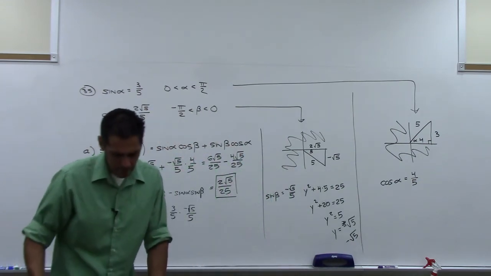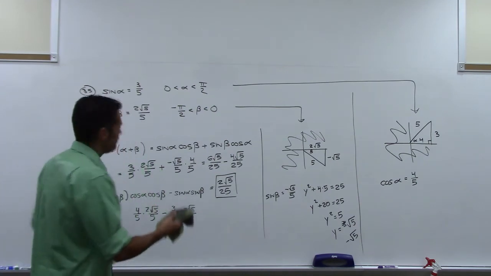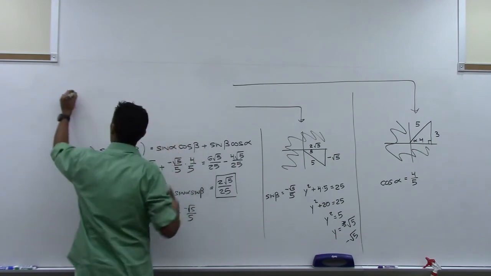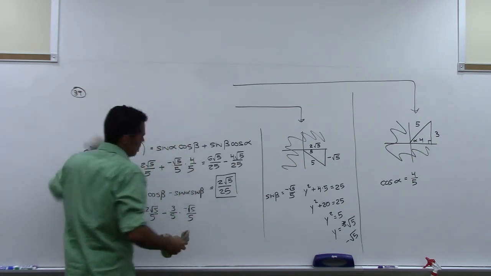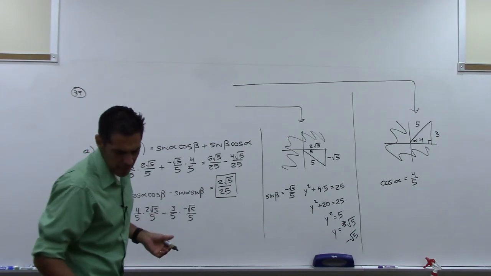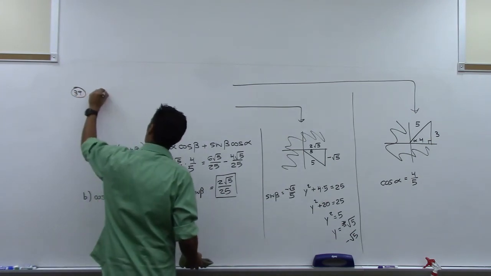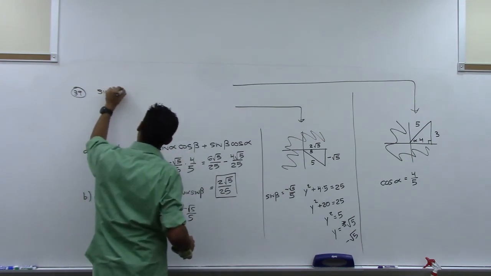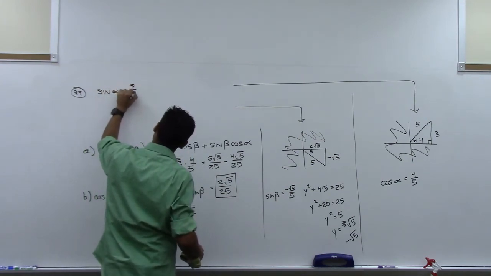Let's look at number 39. Number 39, same instructions. We want to find all those things. We have sine of alpha is 5/13.